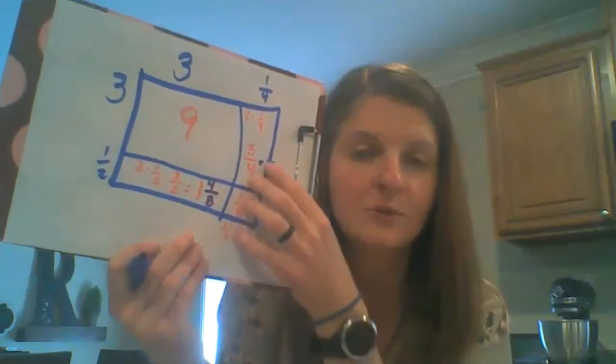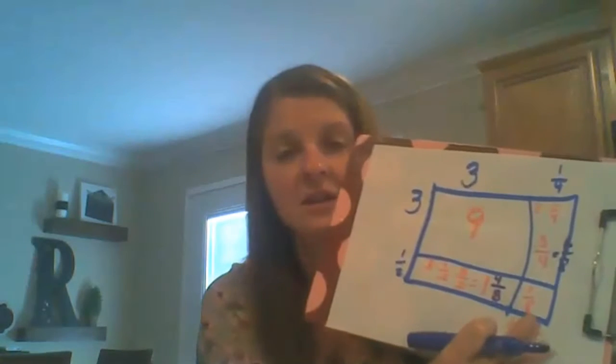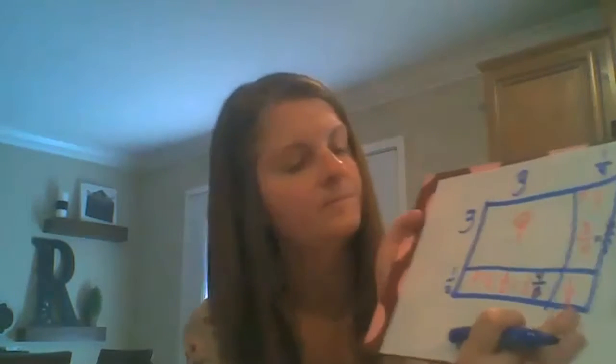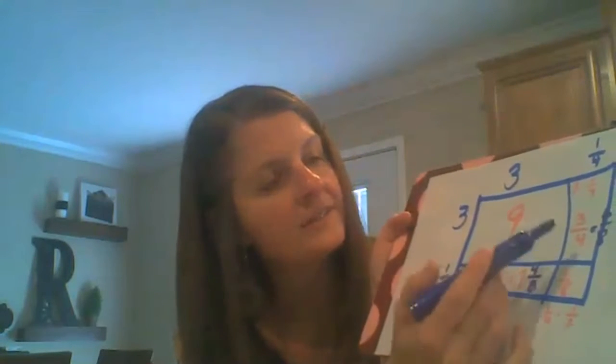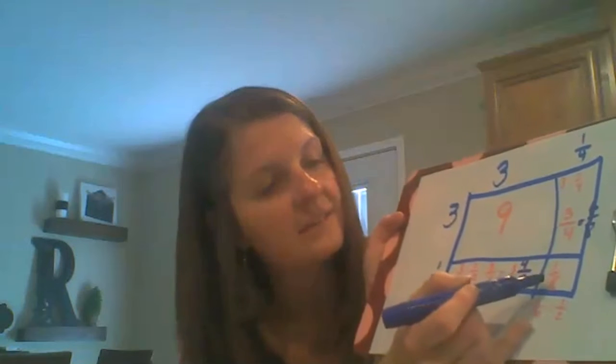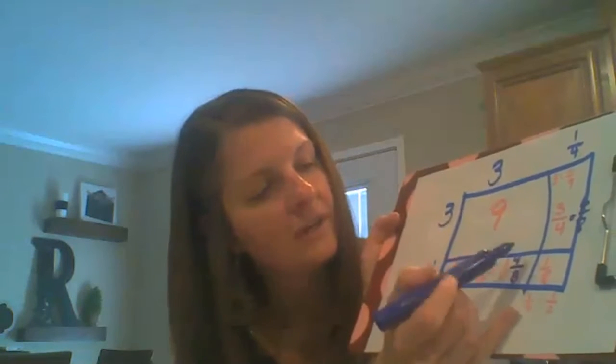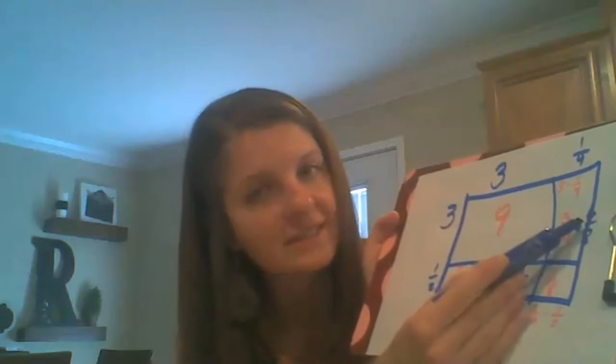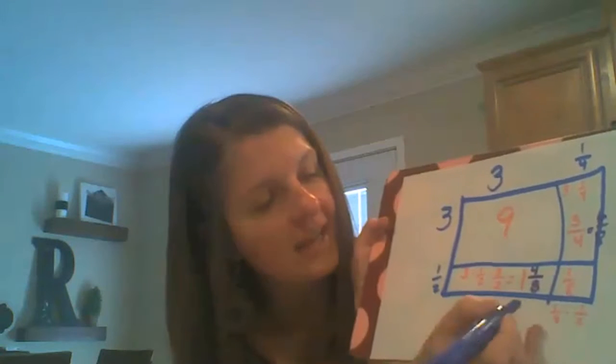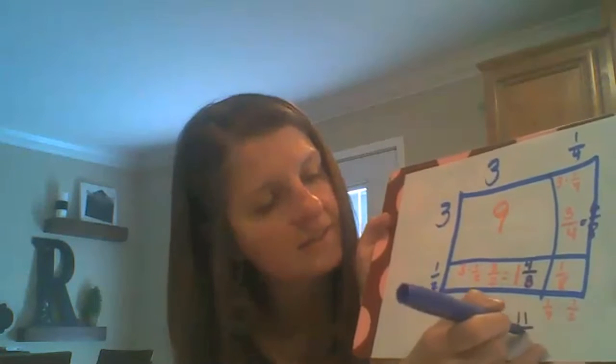So 4 times 2 is 8. 3 times 2 is 6. And then this is already in eighths. So I am putting together 4/8 plus 6/8 plus 1/8. Okay? So 4 plus 6 is 10 plus 1/8, that's 11/8.